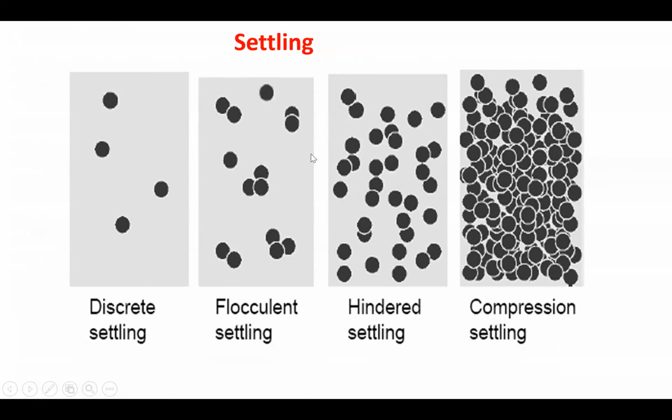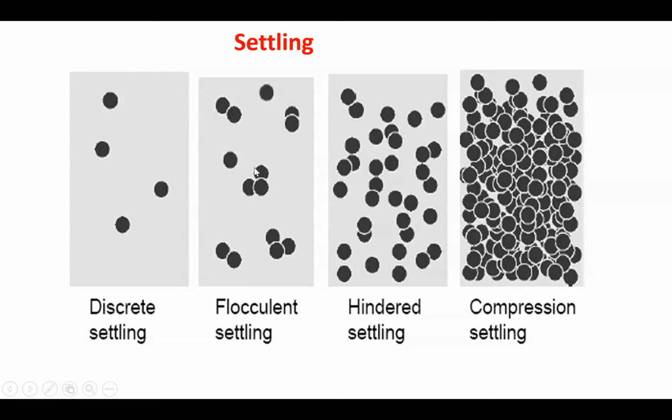So when we consider the entire system, you see this is a settling chamber. You see two particles are combined together, here again two, here one and three, and so on. You can see different numbers of particles attached together, and then they are moving. So you can't say that there is a uniform velocity for all the different flocks.